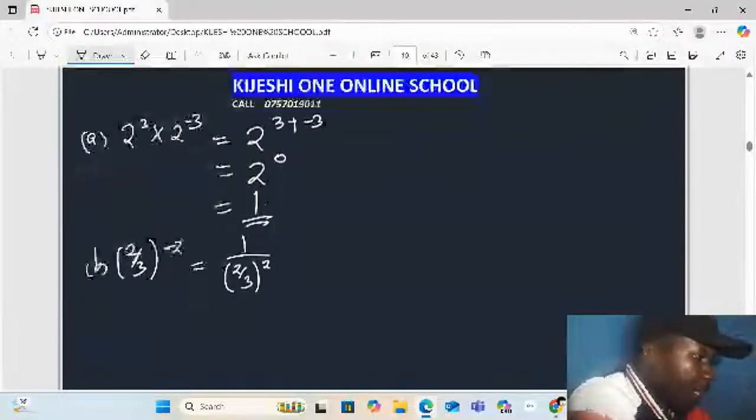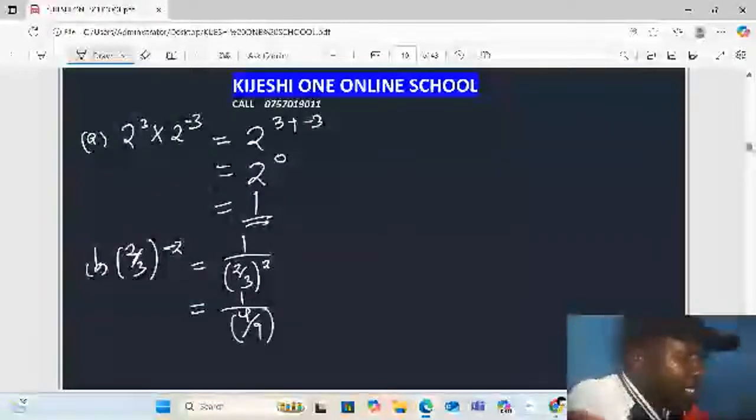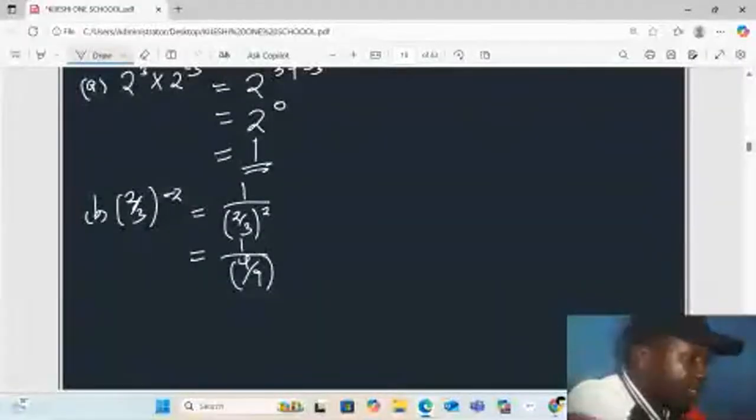Now you work the denominator, so you have 1 over 2 squared, which gives 4 over 3 squared, which gives 9. How do we remove this denominator? Now that it is a fraction, we remove it from the lower side.